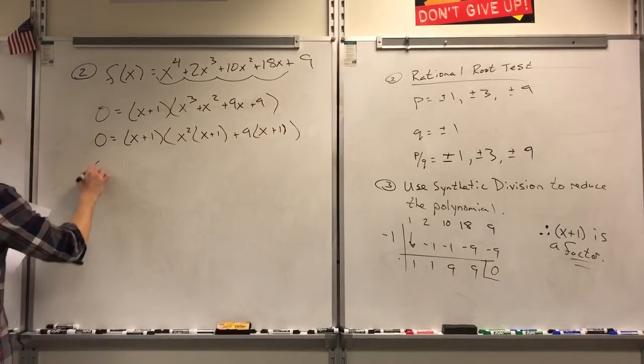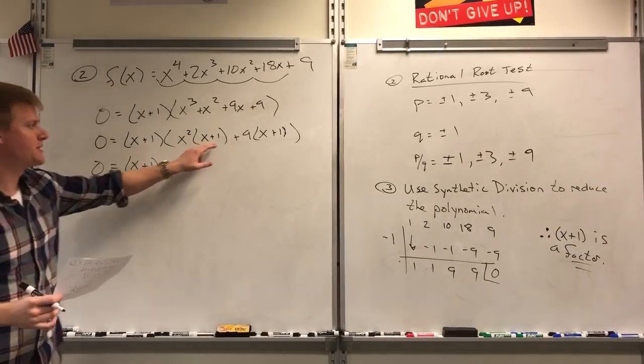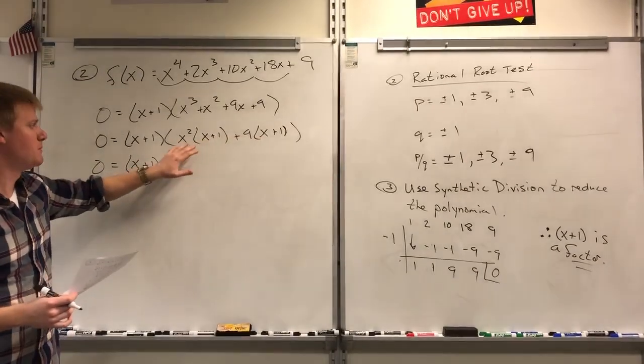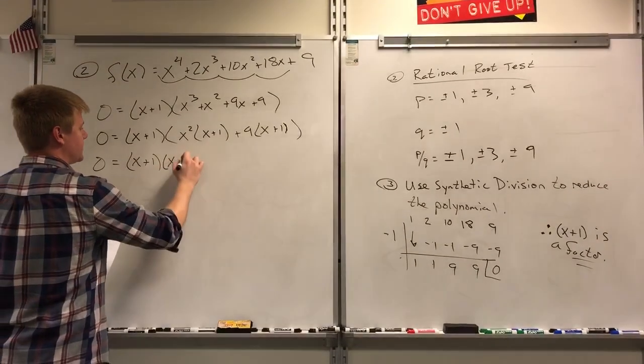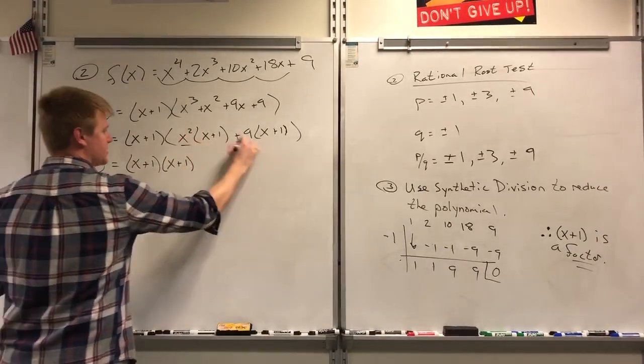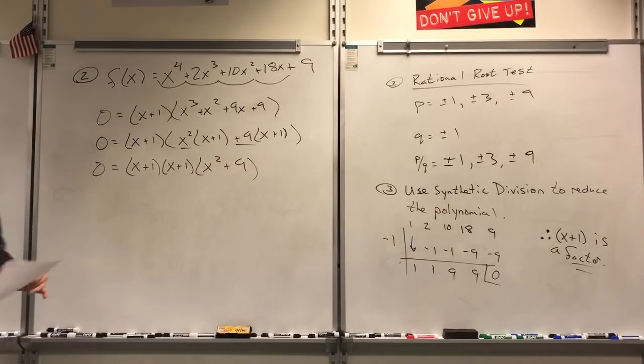So again, I always like to emphasize with factoring by grouping, I'm kind of just taking out a GCF again from both of these whole terms, which is another x plus 1 factor, and I'm left with x squared plus 9. So hopefully you can see what we're going to get here.